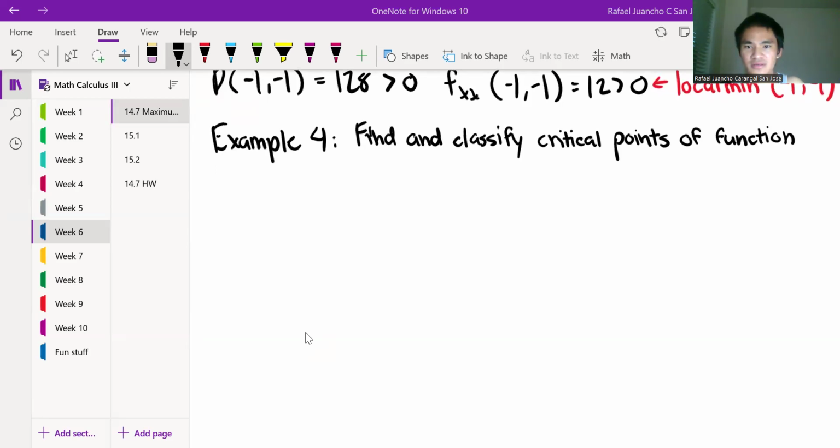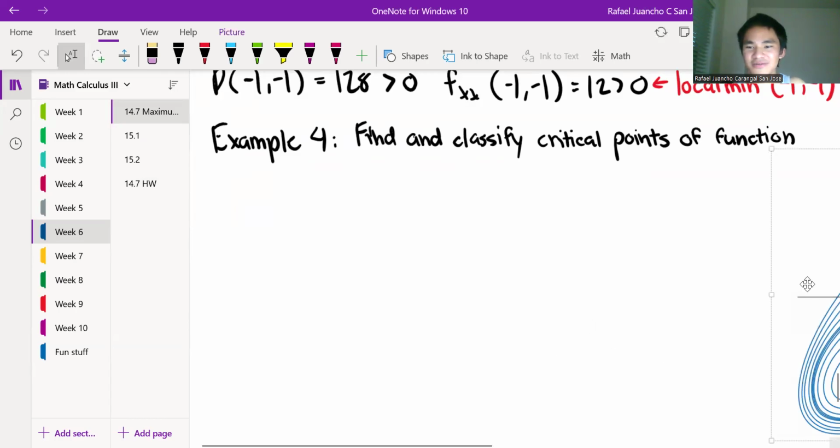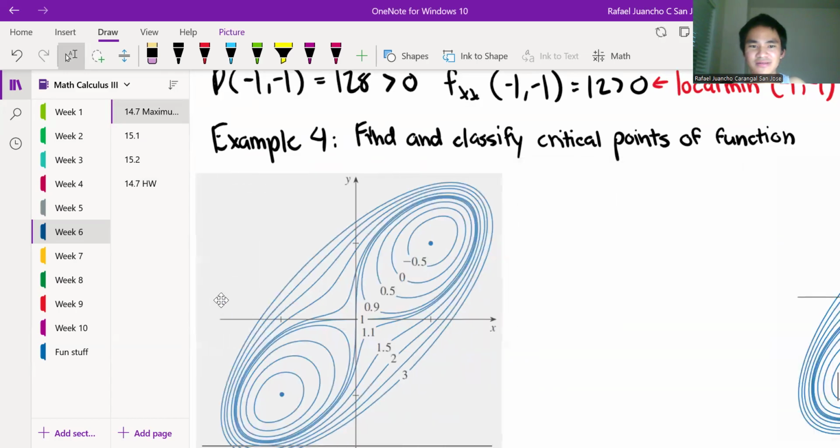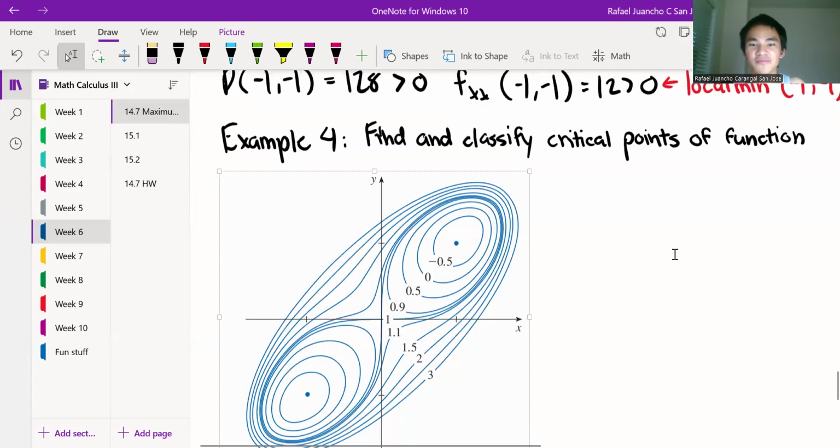Okay, let me copy and paste. Let me go here. Oh, went over. I'll go there, so that we can get that example 1 out of the way.